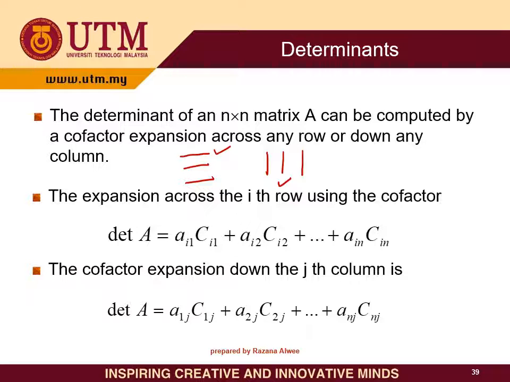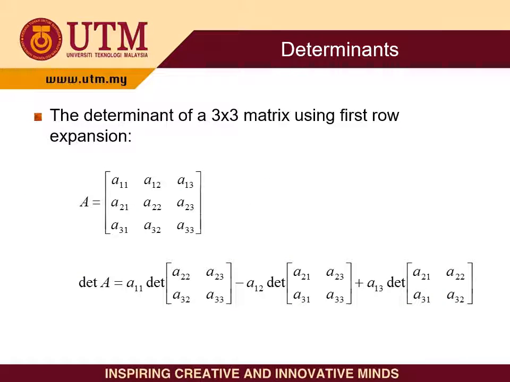It depends on the questions. So this is the expansion across the ith row using the cofactor. If they ask you to find it for a row, this is what you use. If they ask you for the cofactor expansion down the column, this is what you use. We will see in the example later.